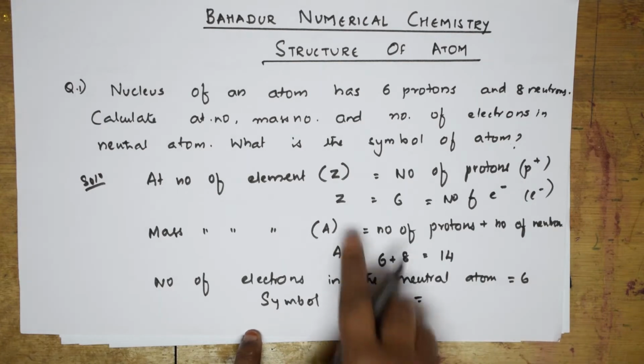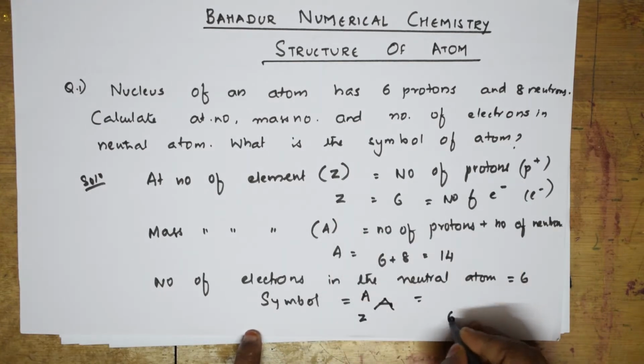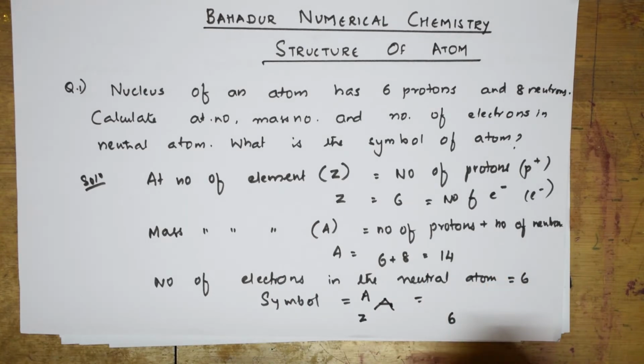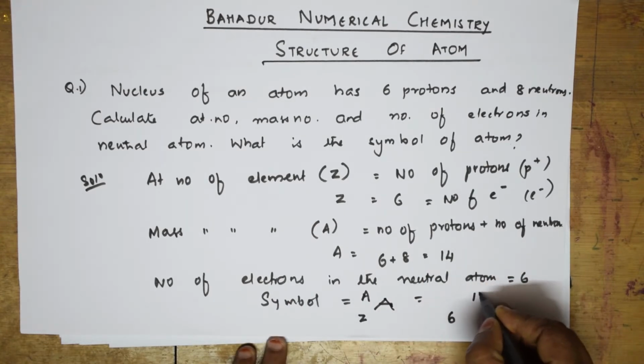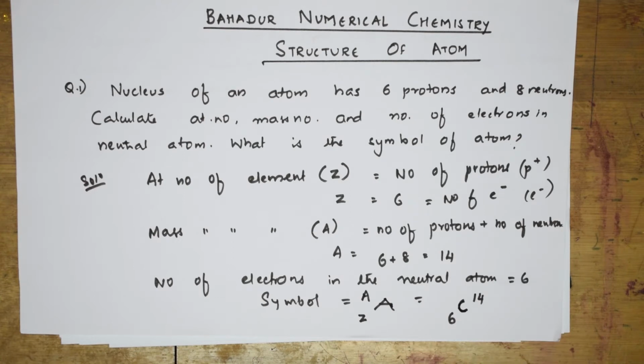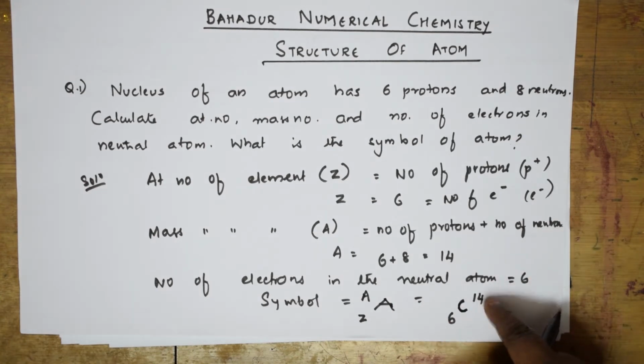So now what is Z in this case? Z is nothing but 6. So what is mass number A in this case? It is your 14. So what is that element with atomic number 6? It is nothing but carbon, isn't it? So we have written the symbol of the element as carbon 12, and the isotopic form rather it is 14.